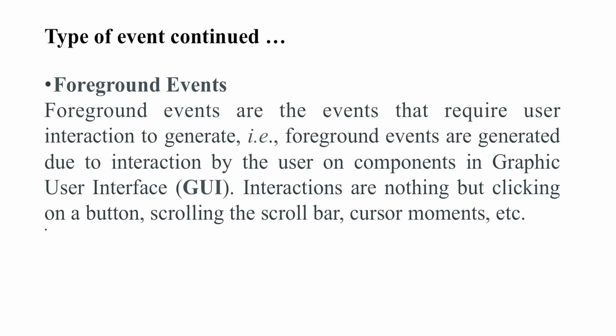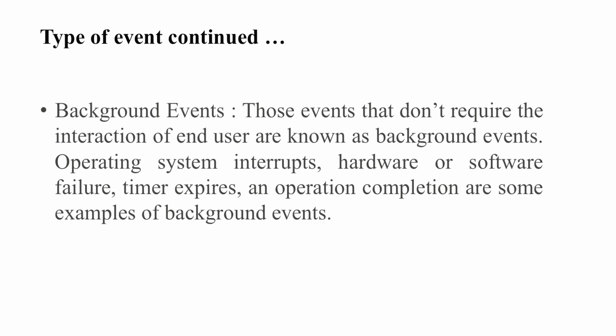Foreground events require user interaction to generate, and they may be interactions with some component in the graphical user interface, such as clicking a button, scrolling, pressing a character, scroll bar, cursor movements, etc. Background events do not require interaction from the end user, like operating system interrupts, hardware or software failure, timer expiry, counter expiry, or operation completion. These are the background events.